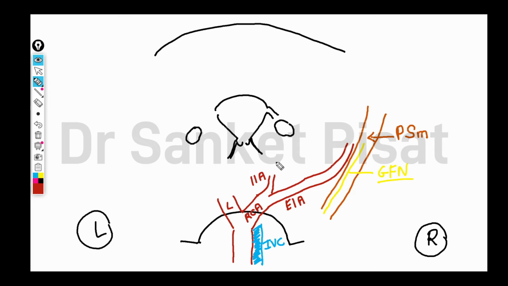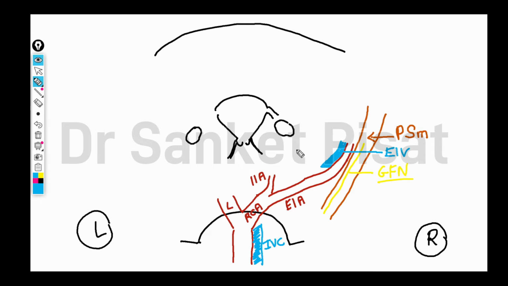Now near the external iliac artery you also get one more consistent structure, which is the external iliac vein. The external iliac vein will come over here, and it is important for us from the dissection point of view, because, like the relation of the inferior vena cava, the external iliac vein is also slightly posterior and medial to the external iliac artery.